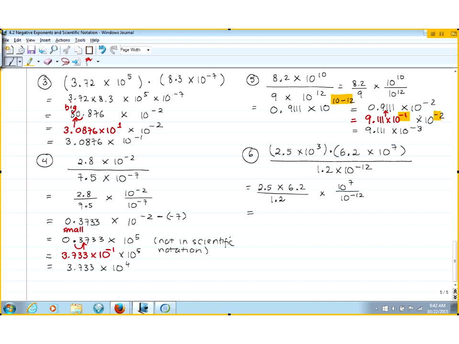So let's use our calculator. 2.5 times 6.2 divided by 1.2. So that is 12.9167, if I'm choosing 4 decimals. I could choose 3 or I could choose 2. Yeah.